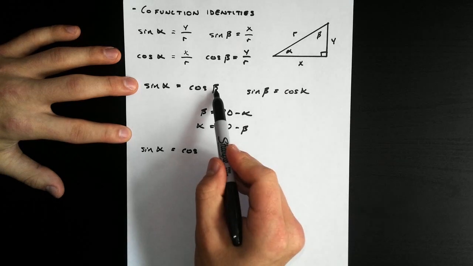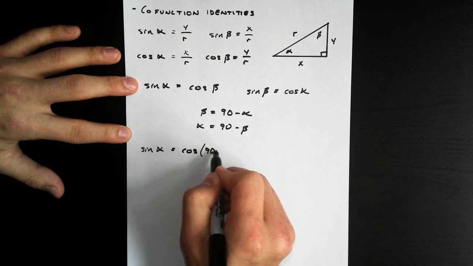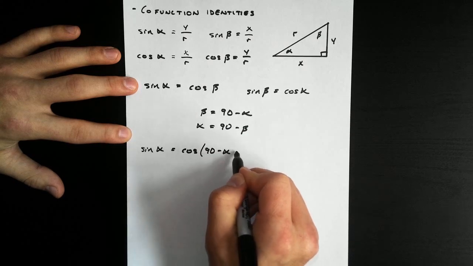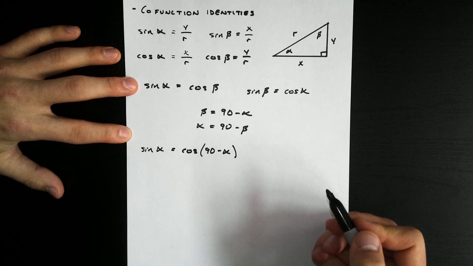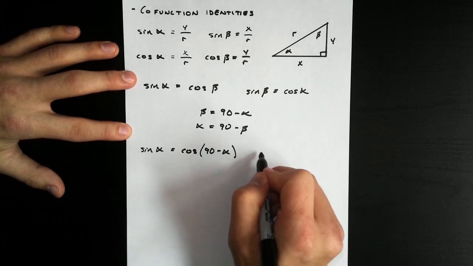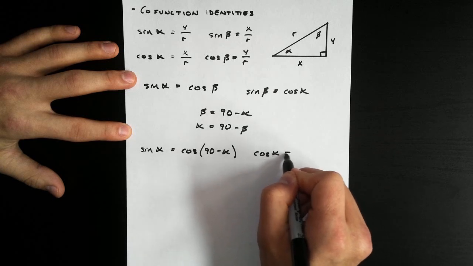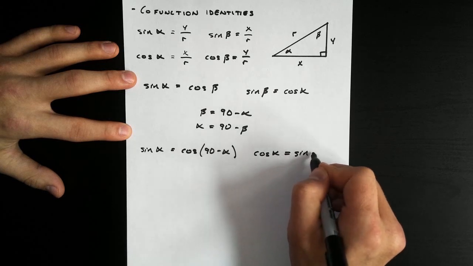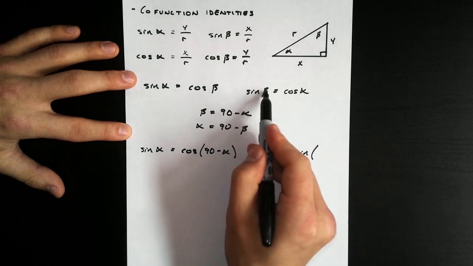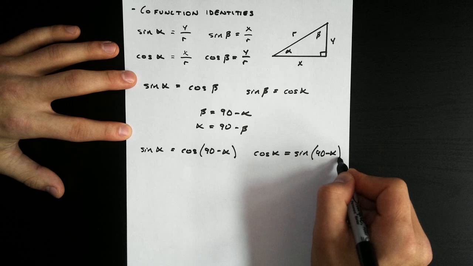Now instead of beta, I can write this in terms of alpha. So this is 90 minus alpha. Or we could write this the other way as well. So I could say the cosine of alpha is equal to the sine, now instead of beta, 90 minus alpha.